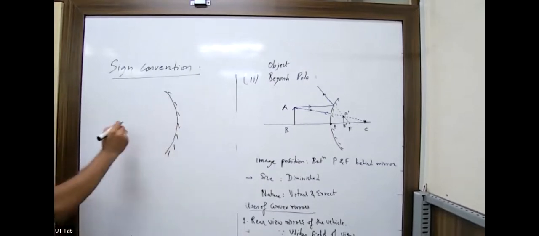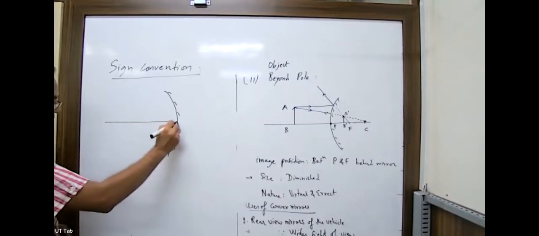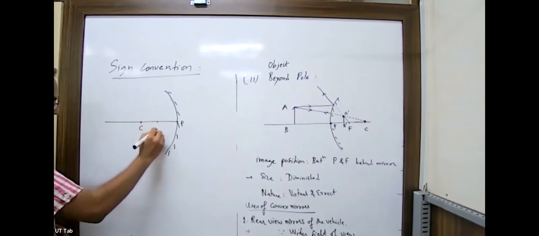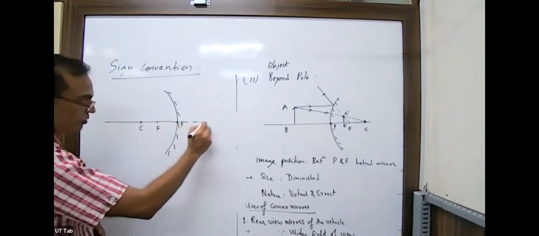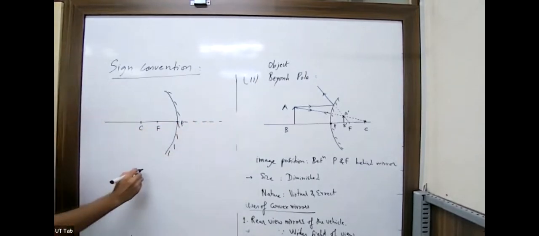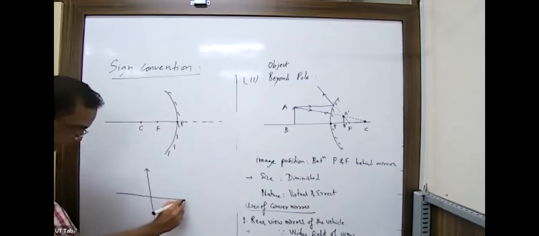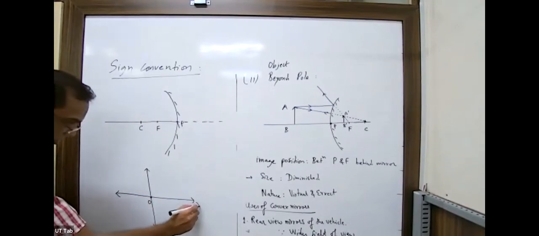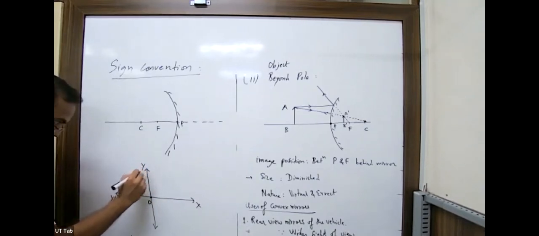It does not matter whether it is concave or convex. This is the pole, and you have the center of curvature, this is the focus. You are already aware of the Cartesian coordinate system. The same sign conventions apply here. The origin in the Cartesian system is the pole in this case.